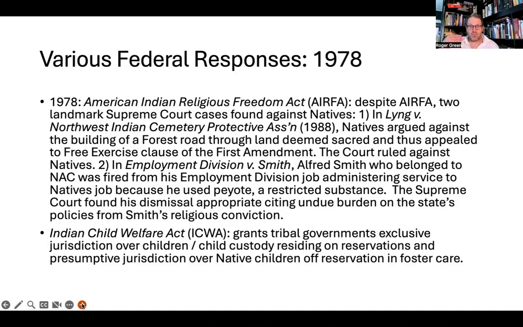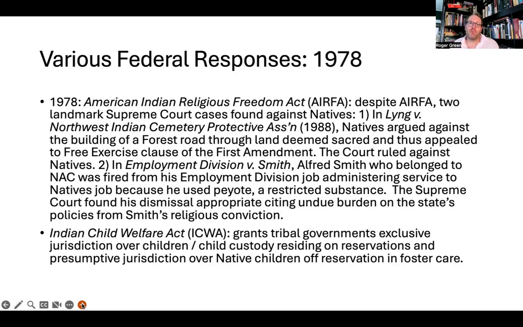Now, a couple of things I want to note here: even though there's this act called the American Indian Religious Freedom Act, Dr. Tink Tinker and Vine Deloria Jr., who is a legal scholar, went through all of the cases, and even though that federal act was passed, when Native peoples try to challenge the U.S. government on the grounds of American Indian religious freedom, they don't win the actual cases, right?